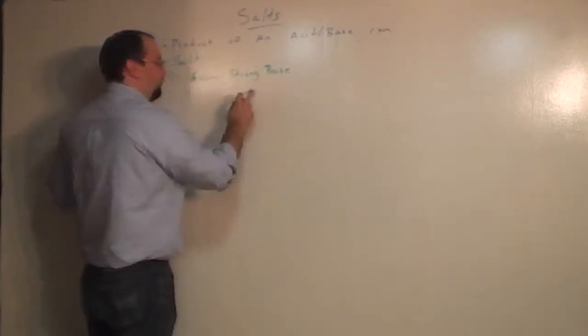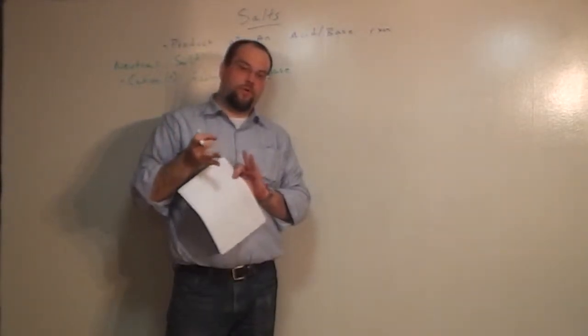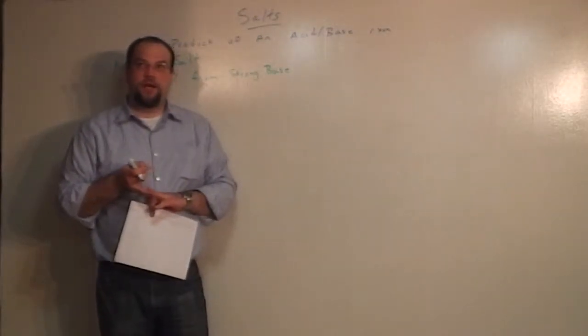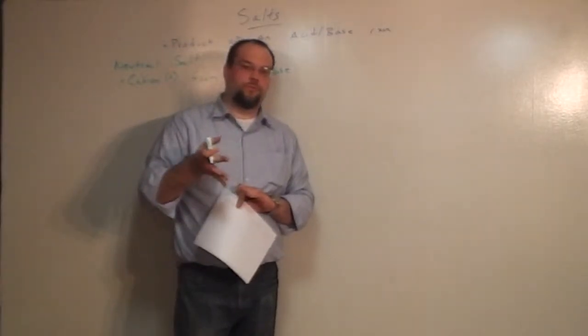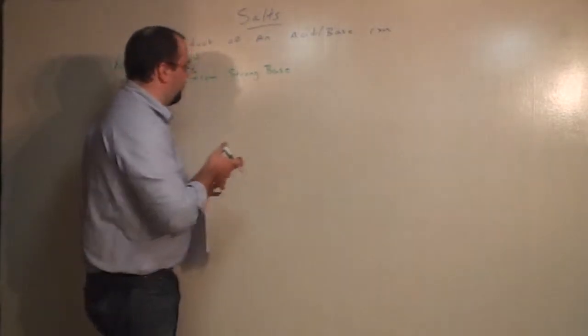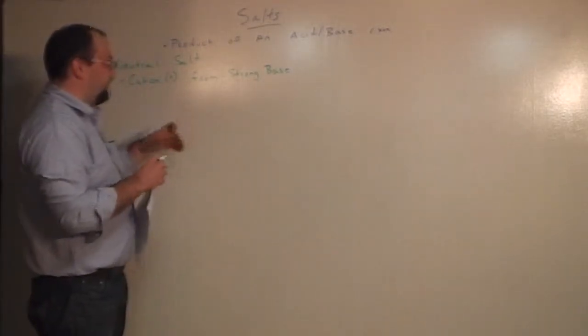Now remember, a strong base is going to be a group 1 or 2 cation, as well as a couple of smatterings, but the big thing is a group 1 or 2 cation. I think ammonia is the other one, but a group 1 or 2 cation. So sodium, potassium, magnesium, those will form strong bases.